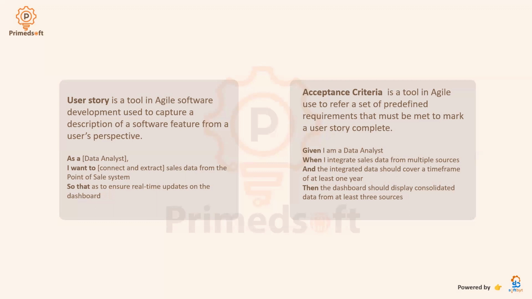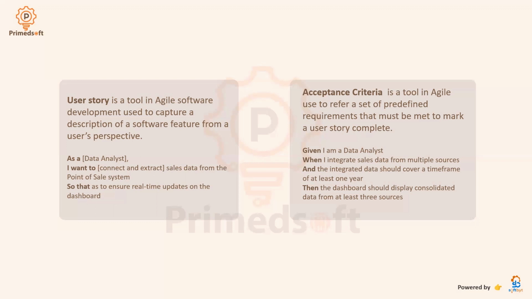So let's take an example on how to write a user story. We take this approach: we talk about the role, who; what do you want to do? That's the action you want to take, so that what is the benefit you are expecting?